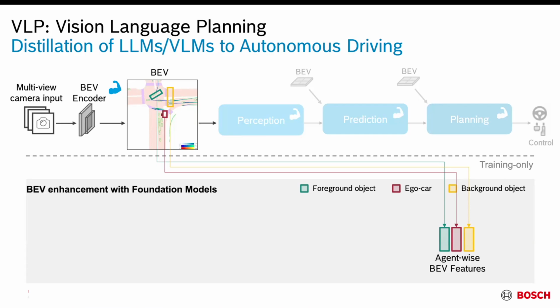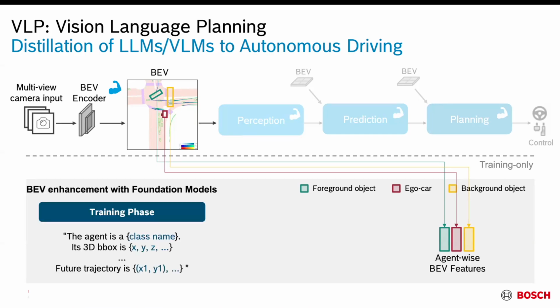But these are not the ground truth. So how can I now bring in some foundation model? As we are in training time, we can construct a ground truth language. I can construct the following templates. The agent is a class name, can be a truck, can be a person, and I also know its 3D bounding box. And I can add more information to this based on my task. If it's a prediction task, I will add some future trajectory and all those things.